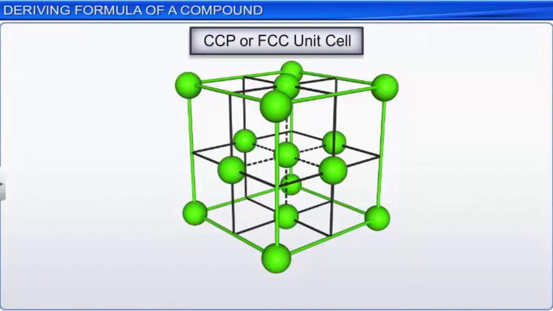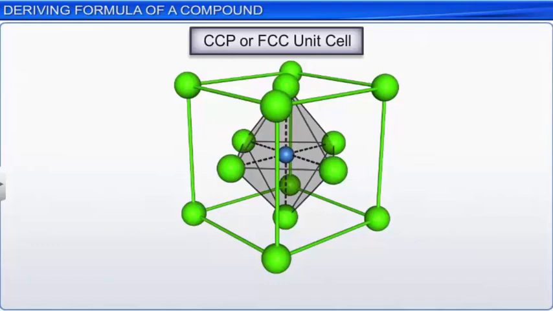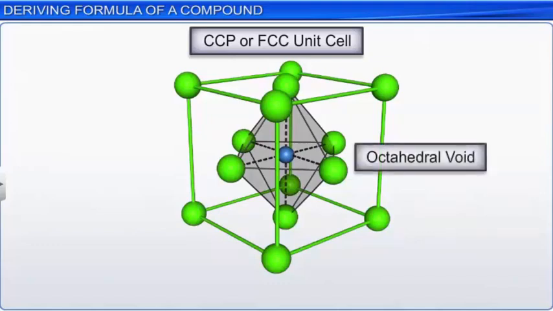A look at the body center of this unit cell shows that it is surrounded by 6 spheres at the center of each face. If we join these 6 spheres, we get an octahedron, and the void thus formed is an octahedral void. This octahedral void is not shared by any other unit cell and contributes fully to this unit.